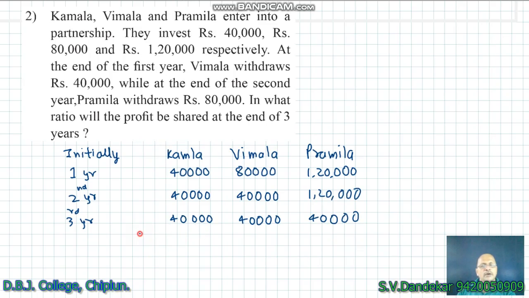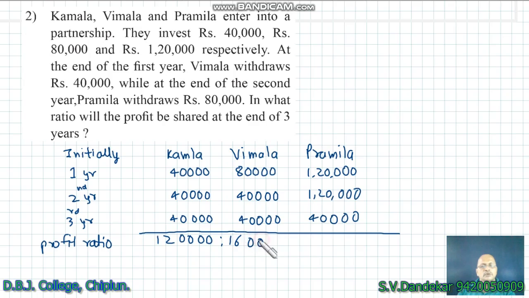So let us add all these. Since 1 year slab is clear, their profit ratio, addition of all these, 12 is to 16 is to 28.